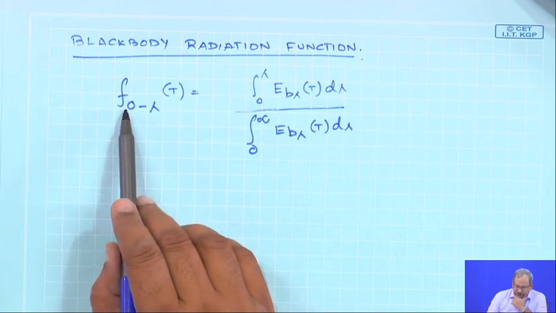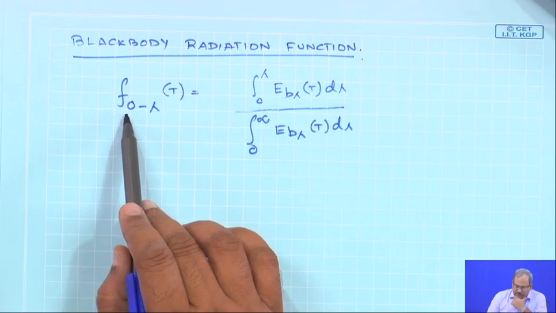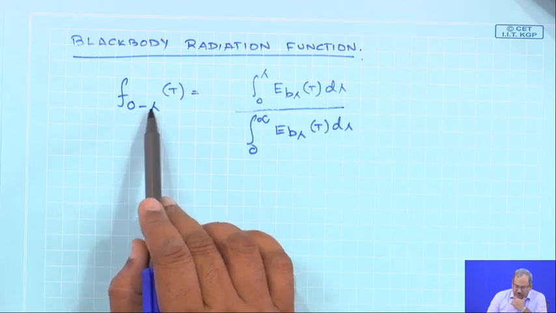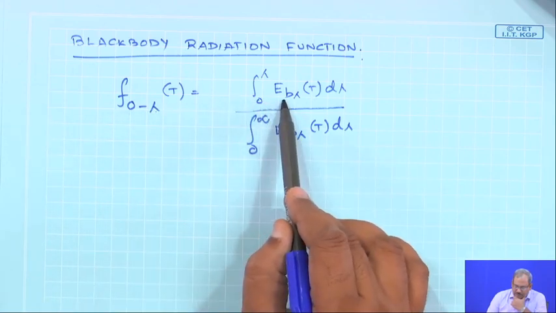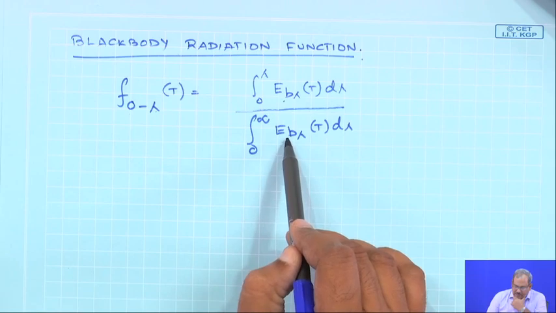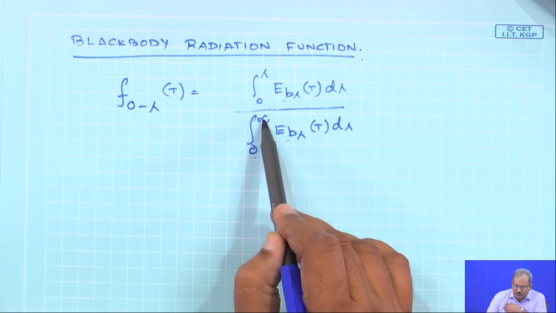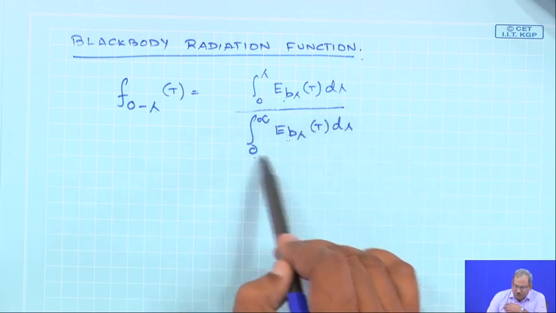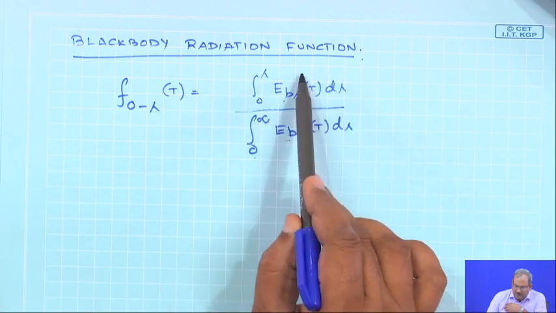So, once again, the fraction of energy emitted by the black body within a wavelength range from 0 to lambda is nothing but the amount of energy emitted by the black body between 0 to lambda divided by the amount of energy emitted by the black body over 0 to infinity. So, this is the total energy, and this is the amount of energy within a fixed wavelength range.